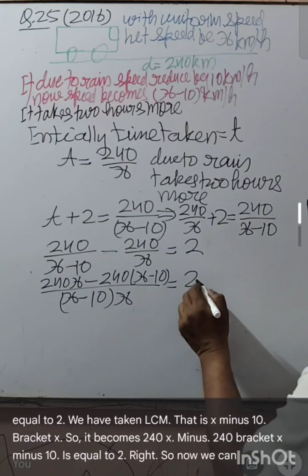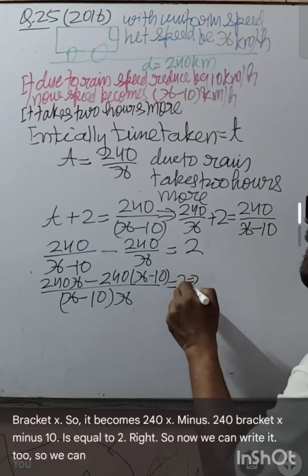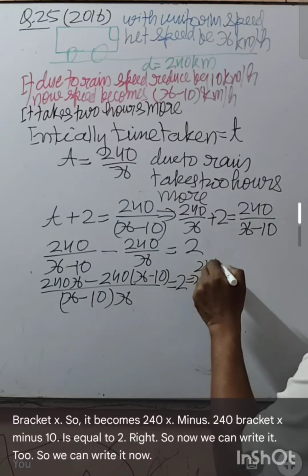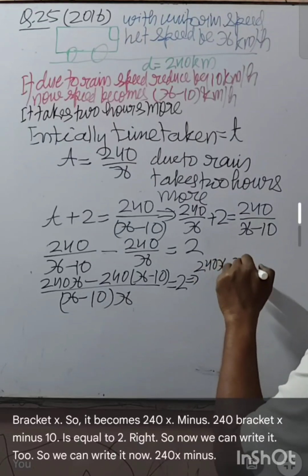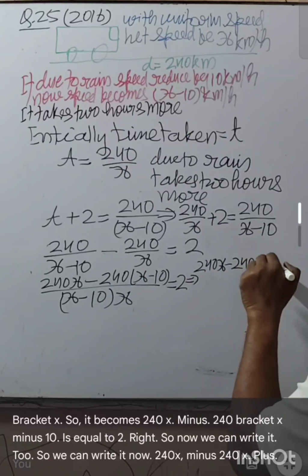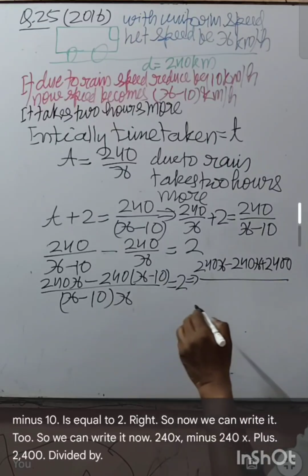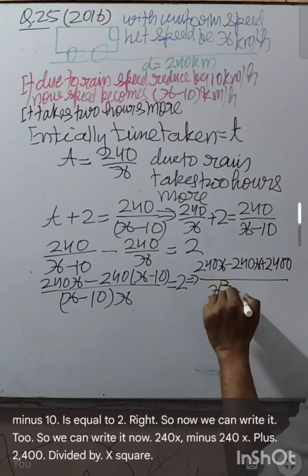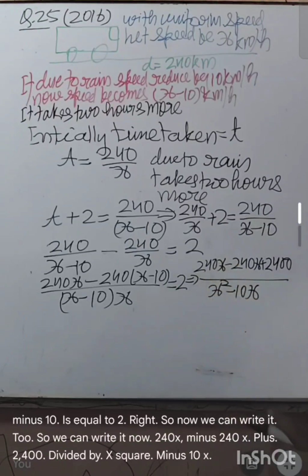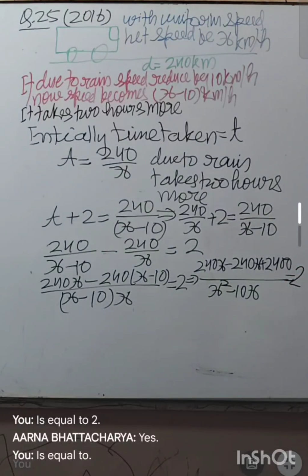So now we can write it 240x minus 240x plus 2400 divided by x square minus 10x, right? Is equal to 2.